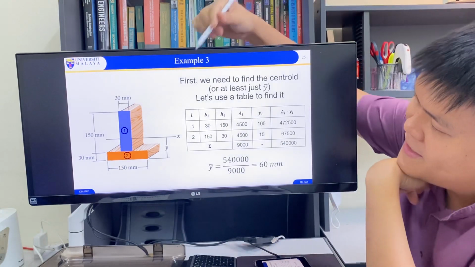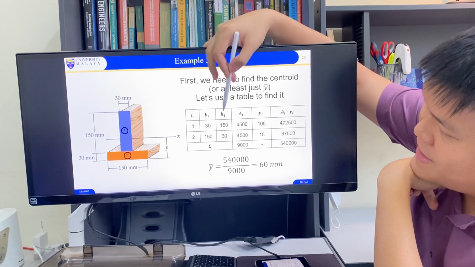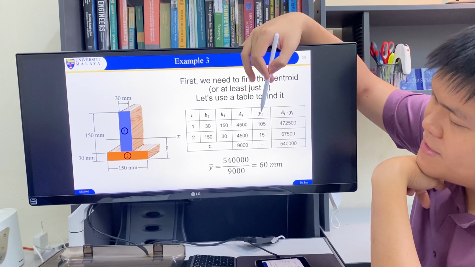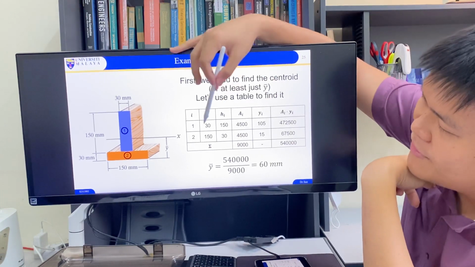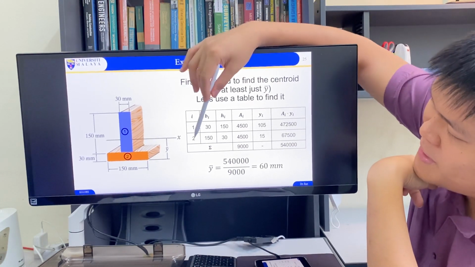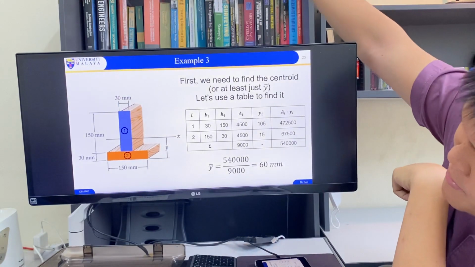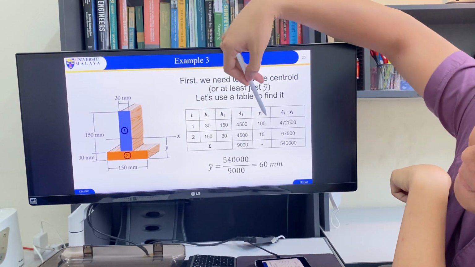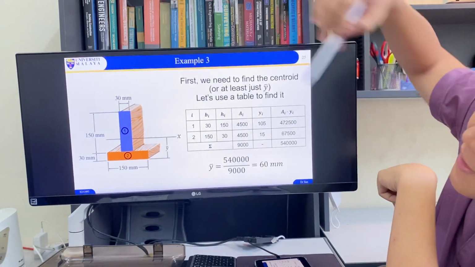So you draw a table like this: I, B, H, the area, which is B times H, and your Y, which is the distance of the centroid of number 1 and number 2 to the reference axis here. It's just the distance of this to this one. Yeah, that's correct.